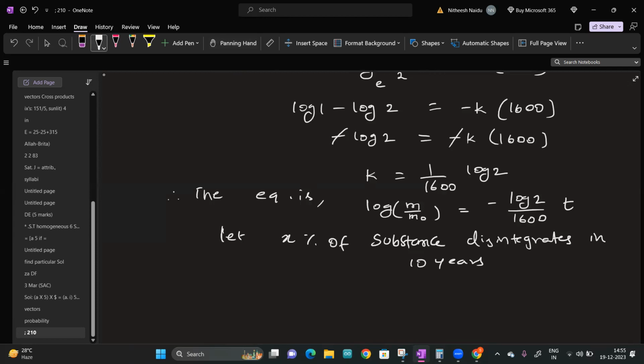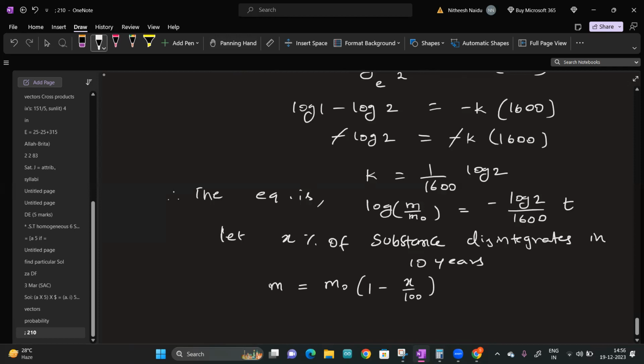X% is left after 10 years. X% left means the m value will be how much? The m value will be m naught into X% left. X% left means 1 minus x by 100 after 10 years. The m value will be this part.